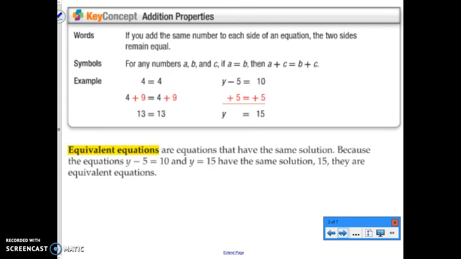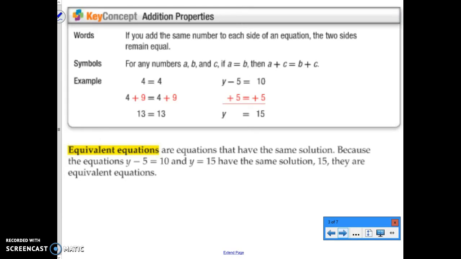To summarize that in words, if you are talking about the addition property of equality, it says if you add the same number to each side of an equation, the two sides remain equal. For any numbers a, b, and c, if a equals b, then a plus c has to equal b plus c.